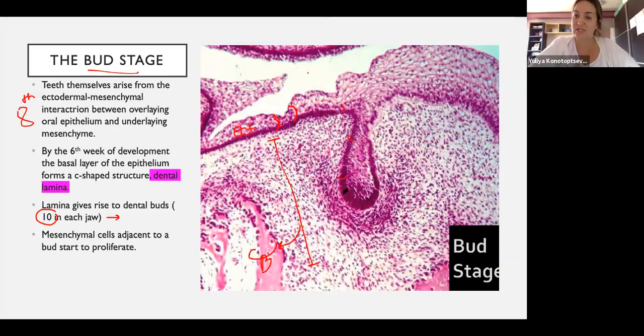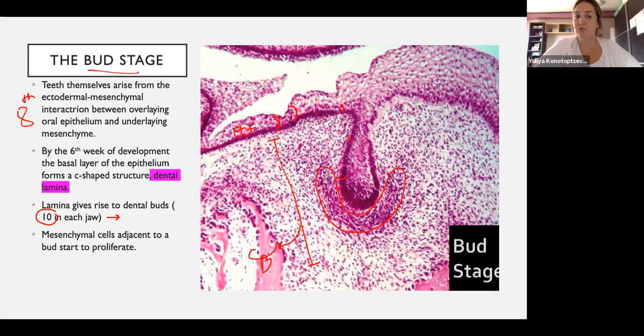What's interesting is that as this bud appears within the mesenchyme, the mesenchyme responds. Do you see lots of mesenchymal stem cells actively proliferating around the dental bud? So I repeat: when the dental bud is inside the mesenchyme, the mesenchyme responds by proliferating.